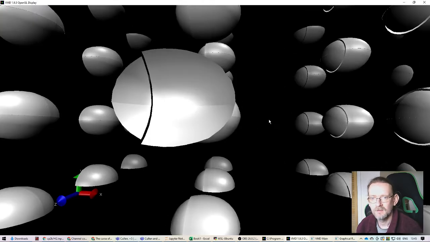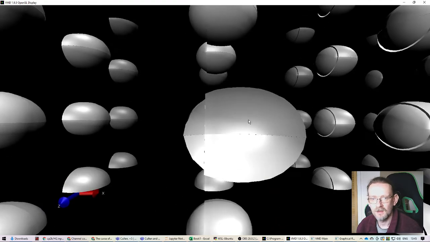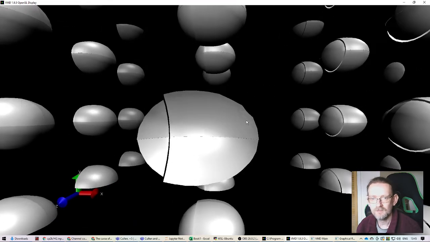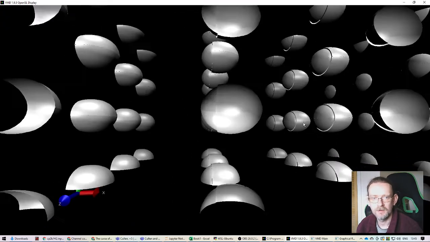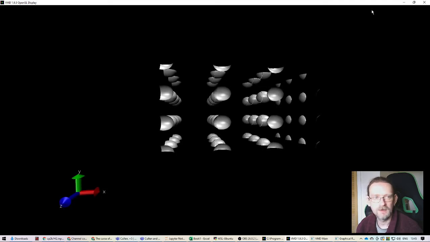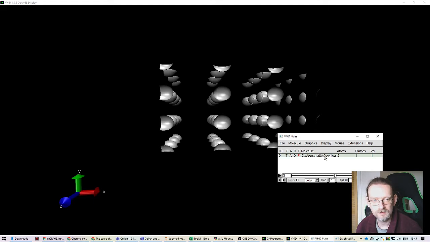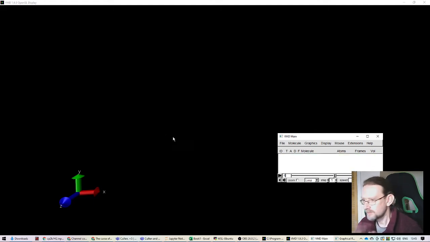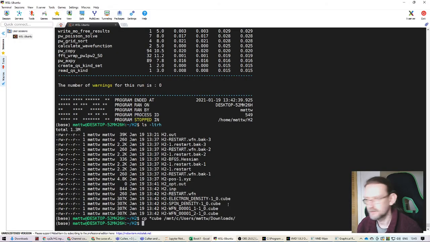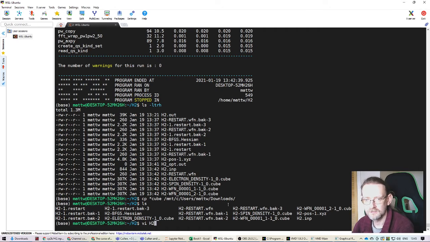And if I pick a given periodic replica, rather than doing that, it'll be easier for me to center my atom in the box. But where you position the atom doesn't change the actual calculation. It just makes it a little bit easier to visualize things.